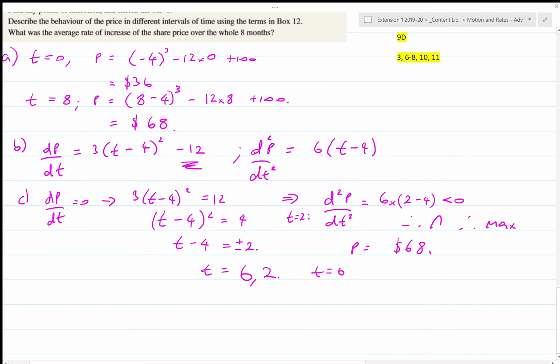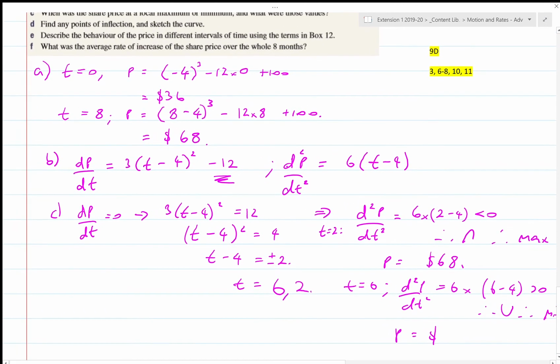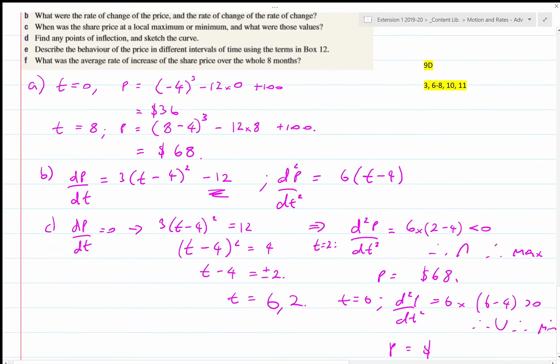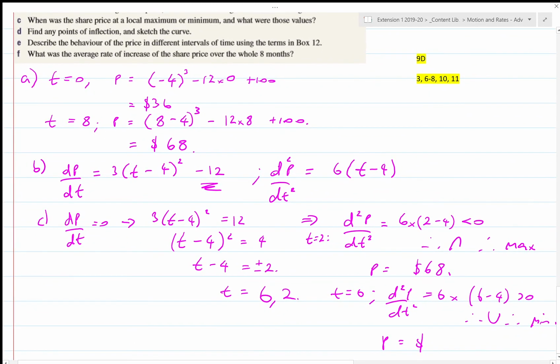And then t equals 6. The second derivative is 6 times 6 minus 4, greater than 0. Therefore, smiley, therefore minimum, much better. So P equals, so expect it to be smaller than, oh no, we don't necessarily. It's a relative minimum. So t equals 6.